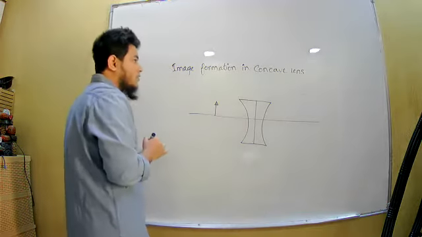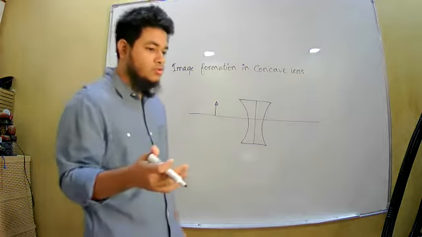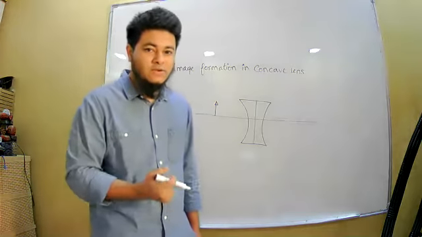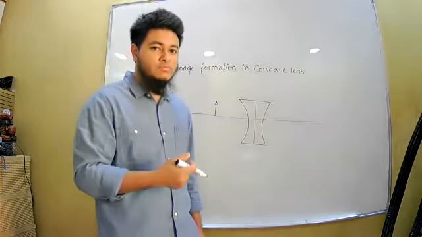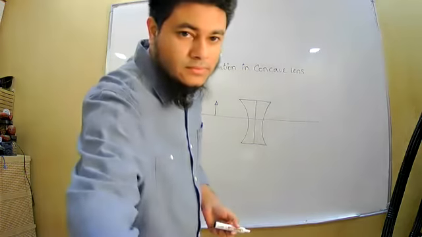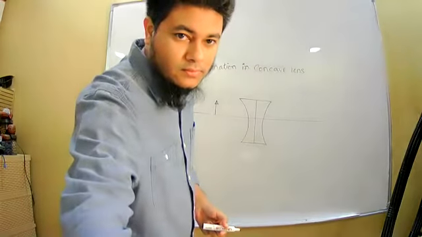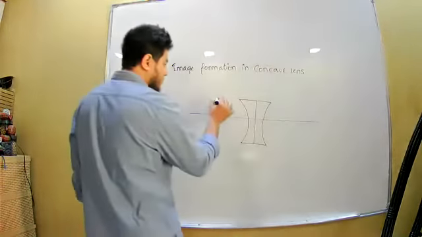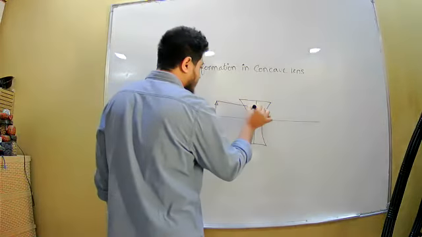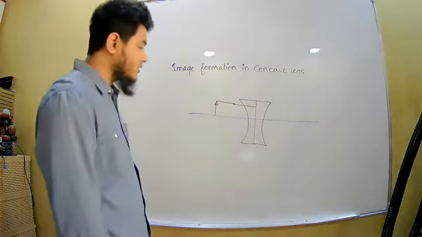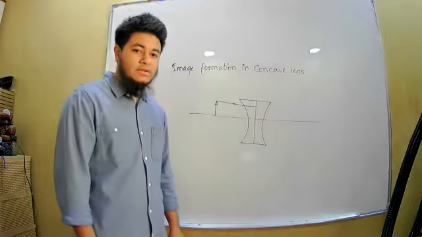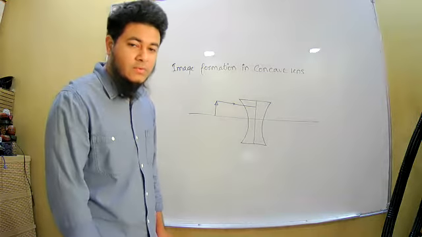So for concave lens, we do not need to actually put the object at different positions, because all the time we will get a virtual image only. So first ray that will be incident on the concave lens will be parallel to the principal axis, and after it is refracted, how will it go?